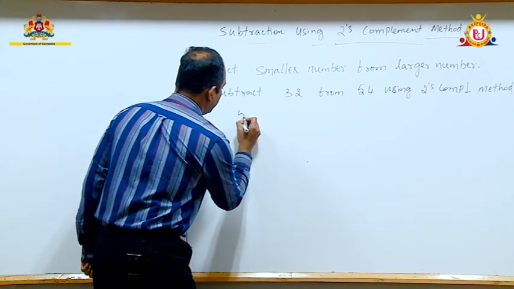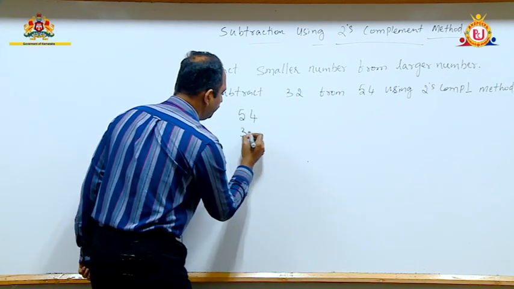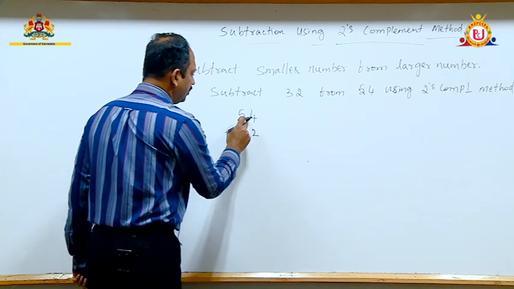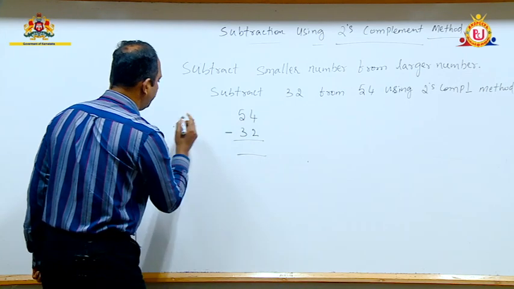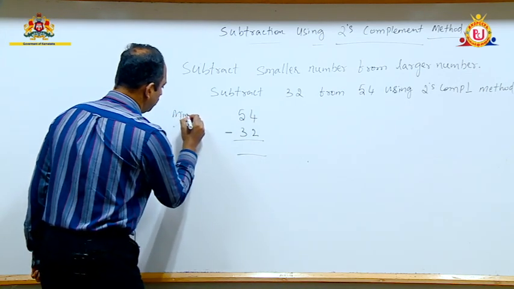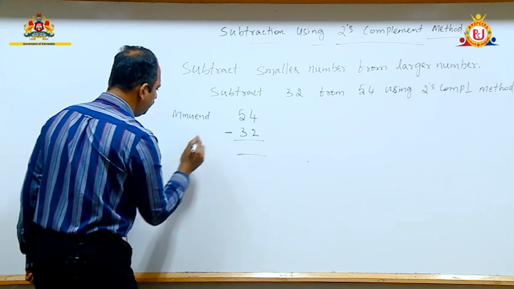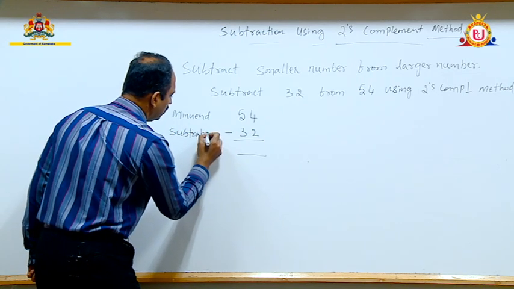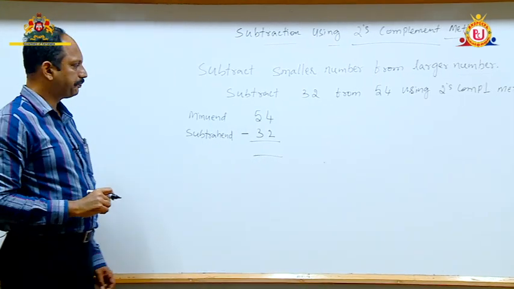That means 54 is at the top, 32 is at the bottom. So what do we call the position of 54 and 32? In this expression, 54 is called the minuend, and the 32 position is called the subtrahend.